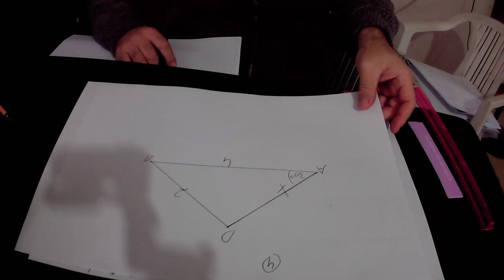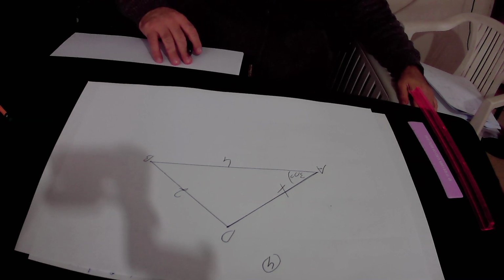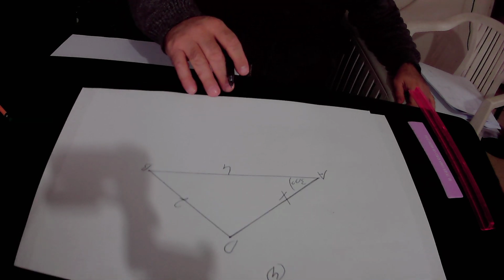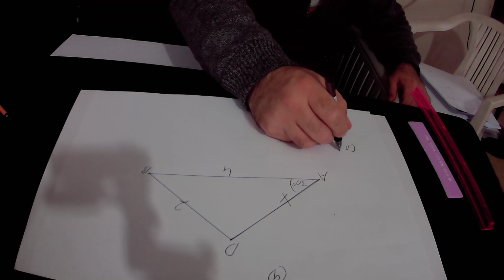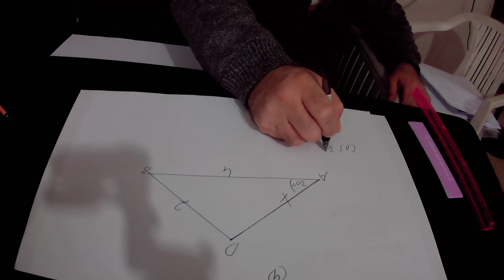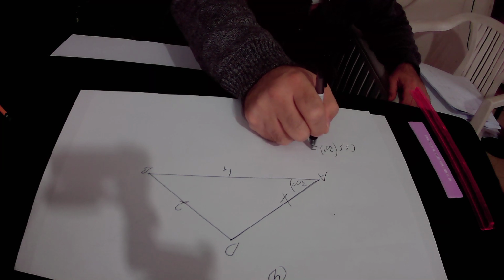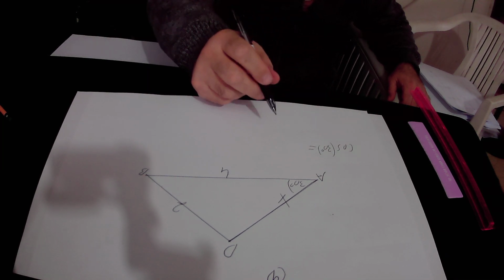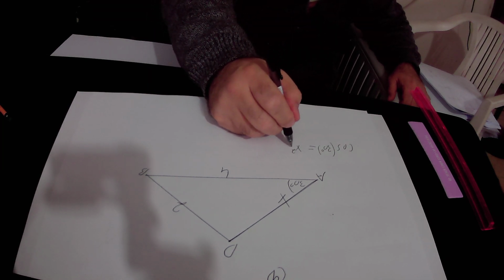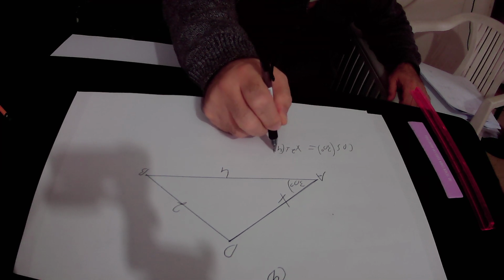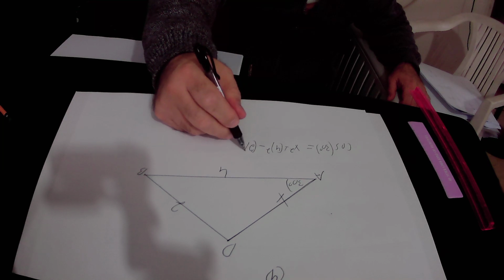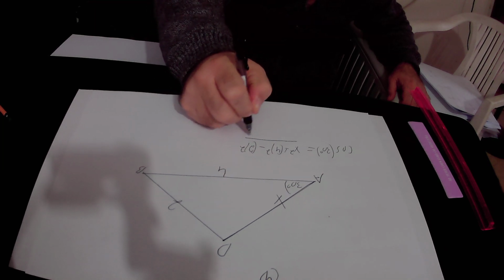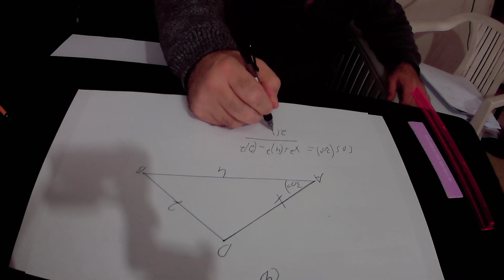We will implement the law of cosines on triangle ADB. According to the law of cosines on triangle ADB, we will get that cosine 30 degrees equals x squared plus 4 squared minus 2 squared over 2 times x times 4.